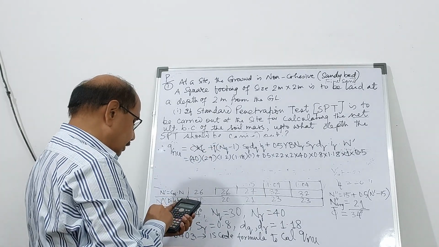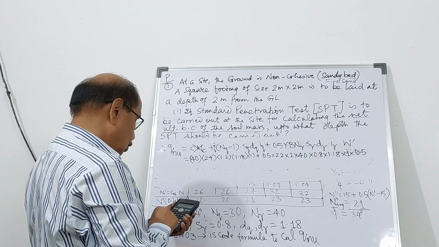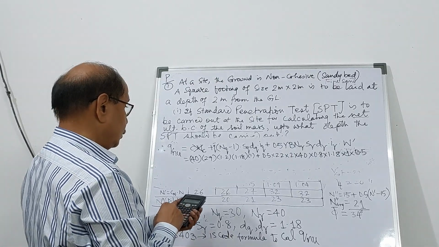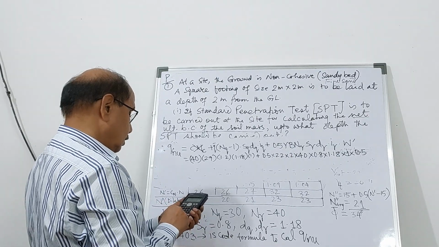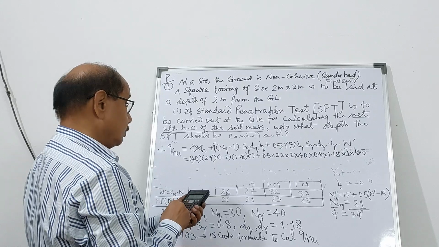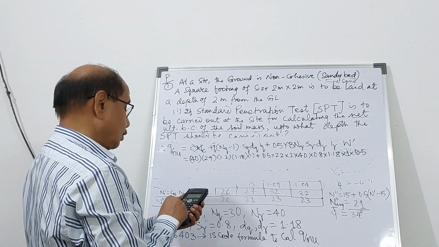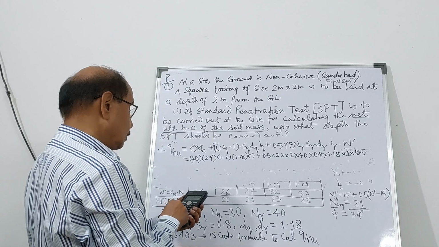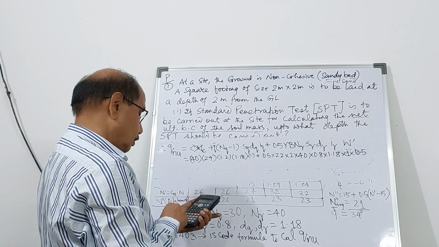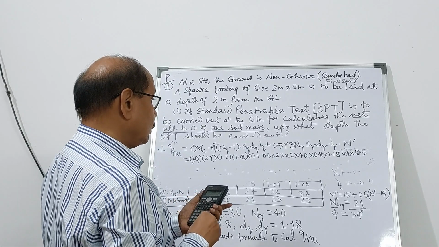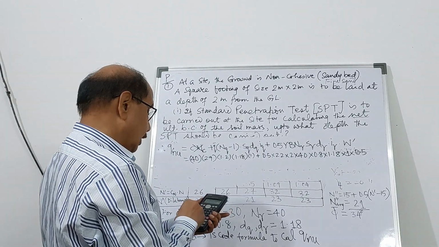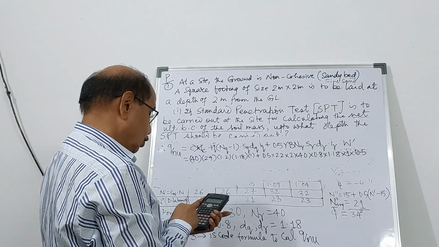So let us all calculate this. 40 into 29, 1.2, 1.18, plus, multiplied by 0.8, 1.18, into 0.5.